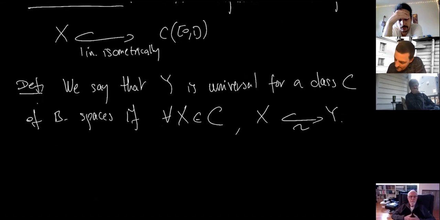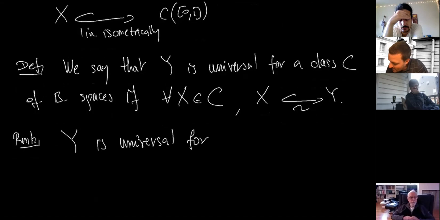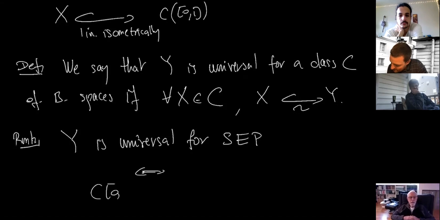And so what the Banach-Mazur theorem says is that a Banach space Y is universal for the class, which I will denote by Sep, of separable Banach spaces, if and only if it contains an isomorphic copy of C of 0, 1.